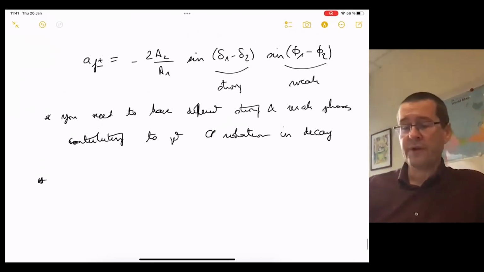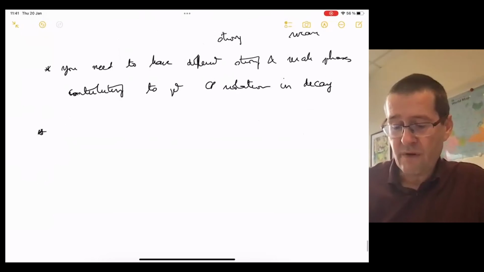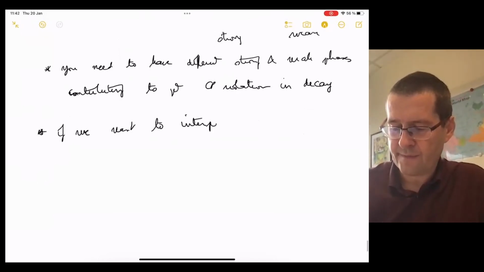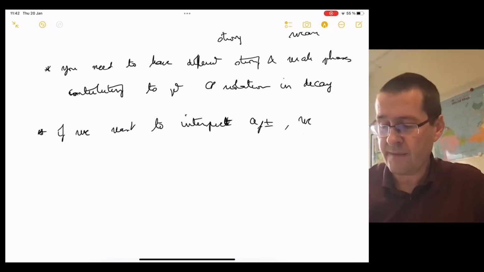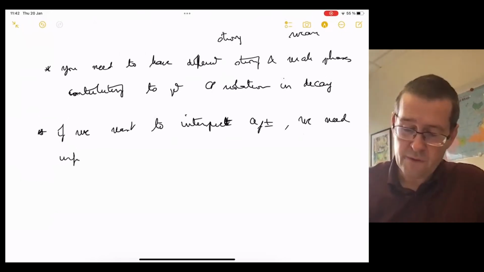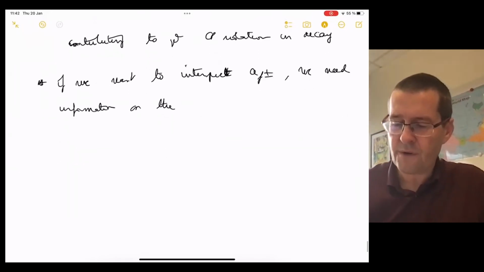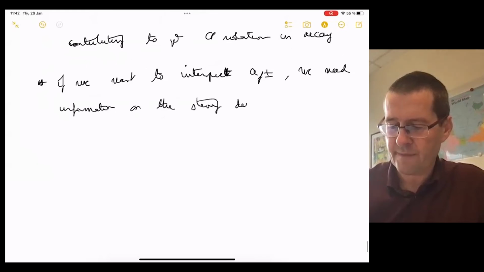Moreover, the second point is that if we want to interpret this kind of asymmetry, we need information on the strong dynamics involved.